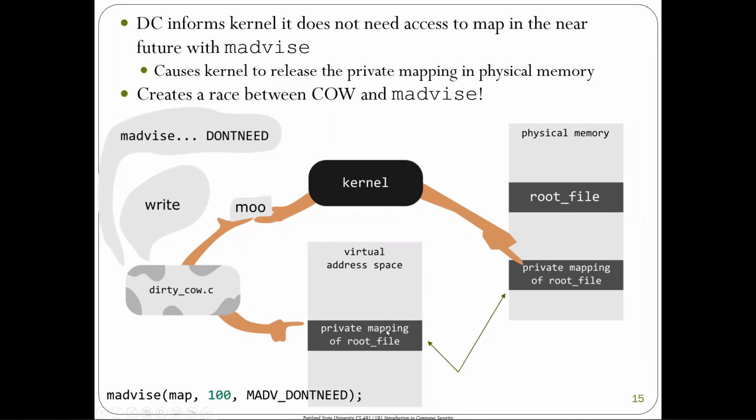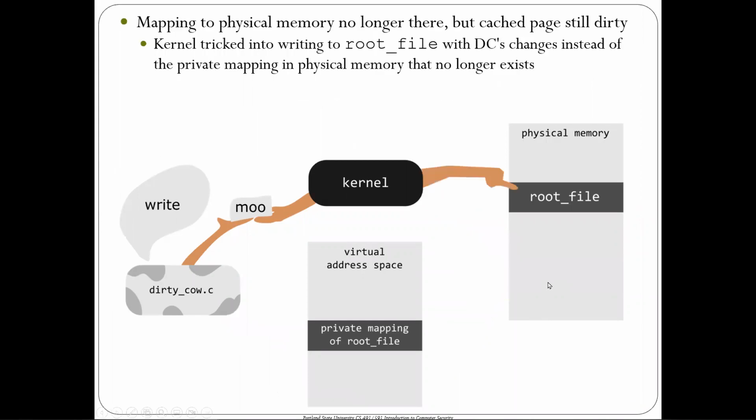If the delete of this file happens first, then the storage of the change will go to the root file instead of the other one. So that's what you get to do. That's the program. In fact, when you get into that room, you'll see this program.